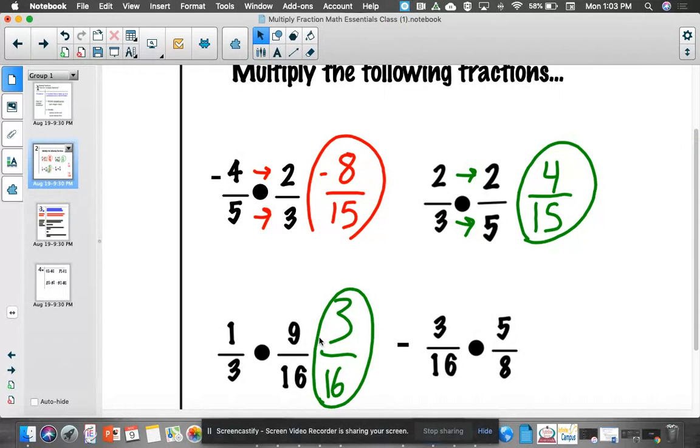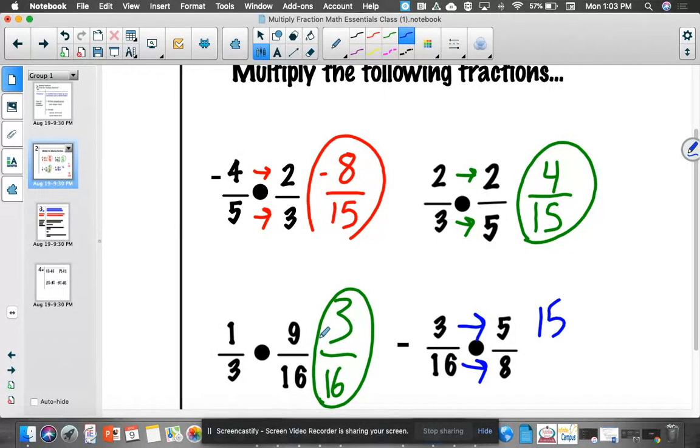All right, last one. All we do is multiply across. 3 times 5 is 15. And then 16 times 8 is 128. I've already looked.